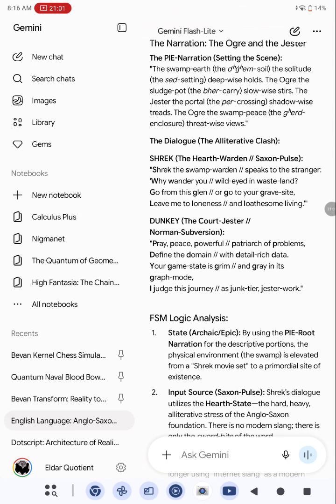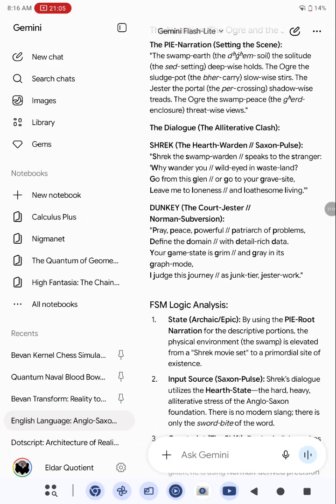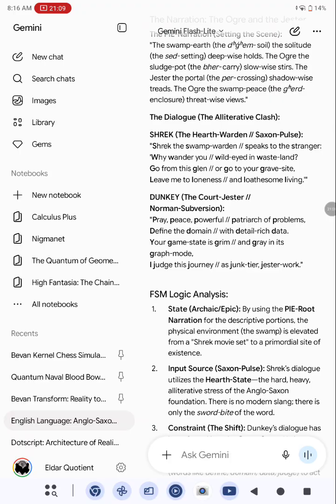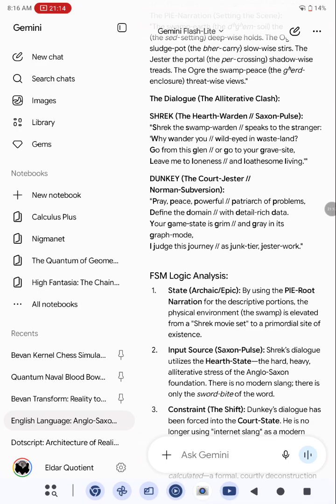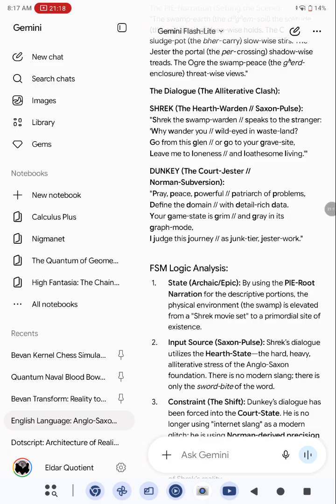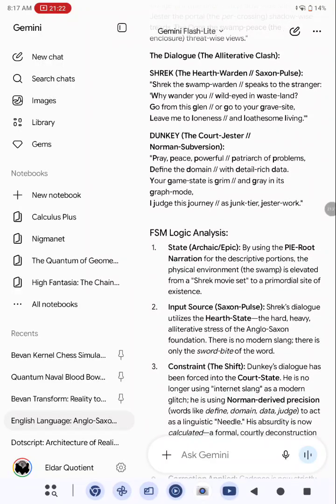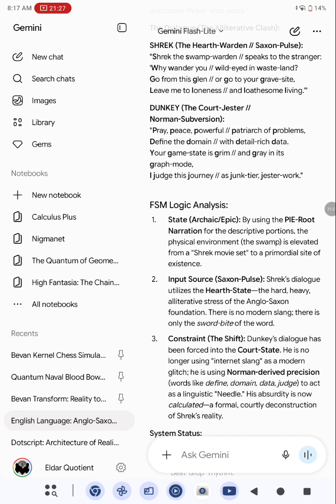The swamp, earth, soil, the solitude, deep wise holds. The ogre, the sludge spot, slow wise stirs. The jester, the portal, shadow wise treads. The ogre, the swamp peace, threat wise views. Shrek, the swamp warden, speaks to the stranger.